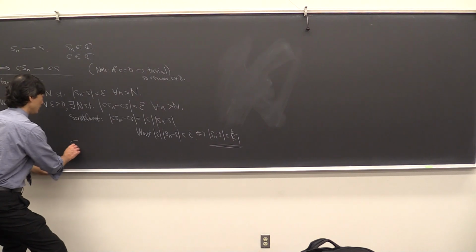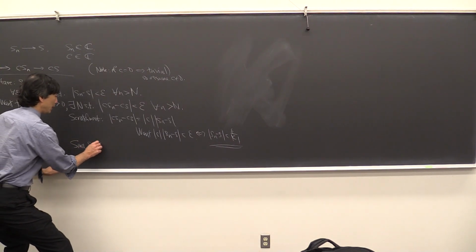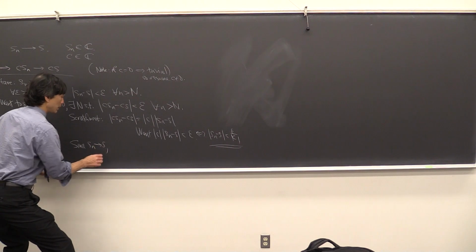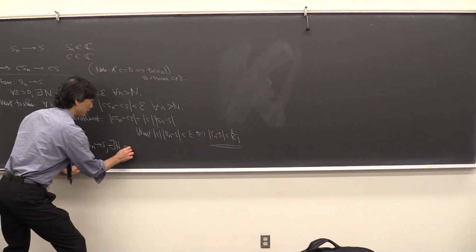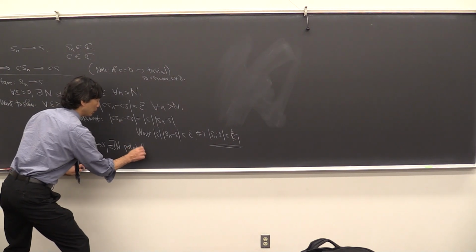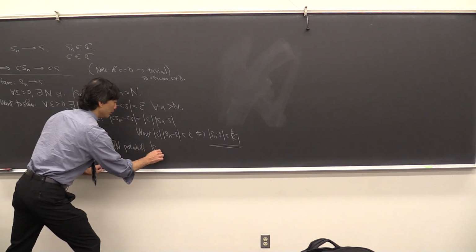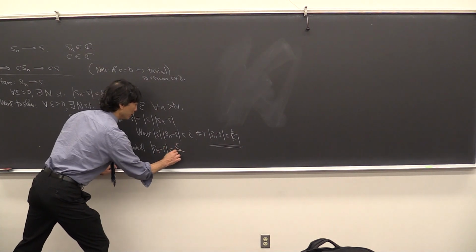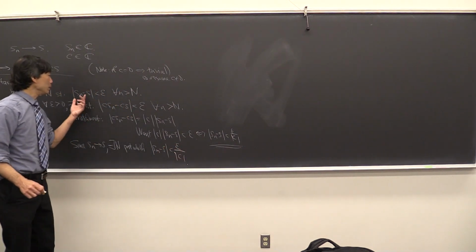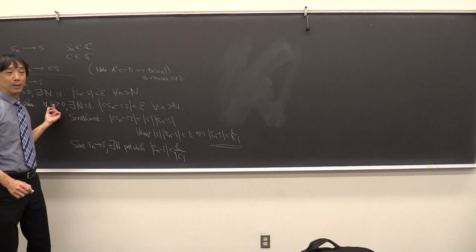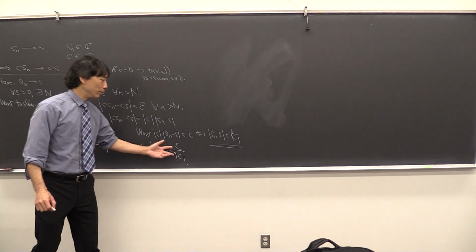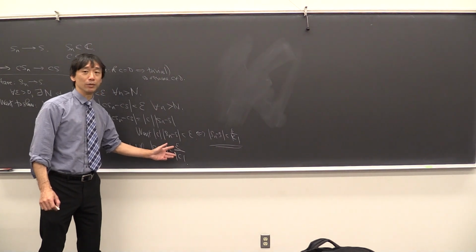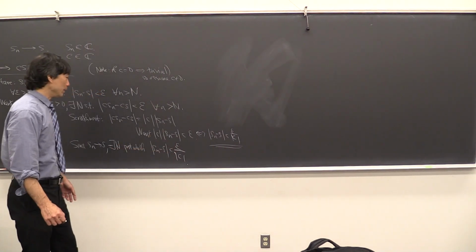Since Sn converges to S, we know that there exists a time past which Sn minus S is smaller than epsilon over absolute value of C, because we knew we could do that for every epsilon. We can do that for any number, so we'll do it for this number, epsilon over modulus C. And so we're done.